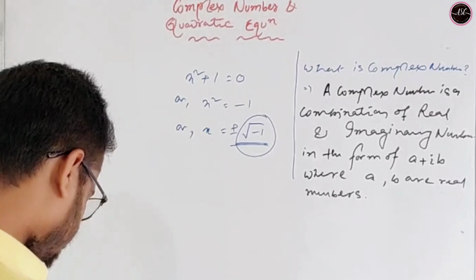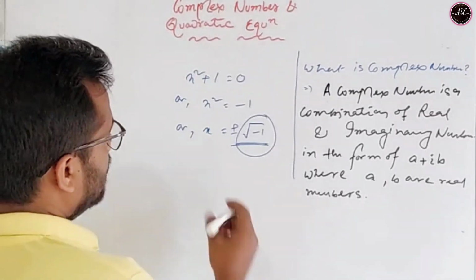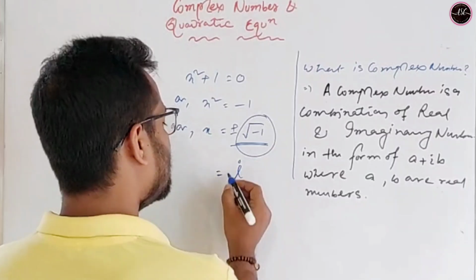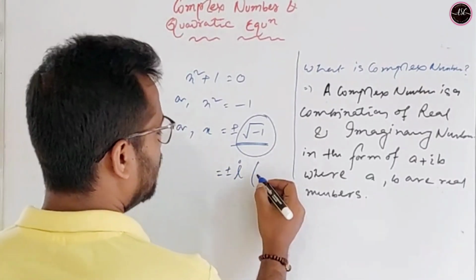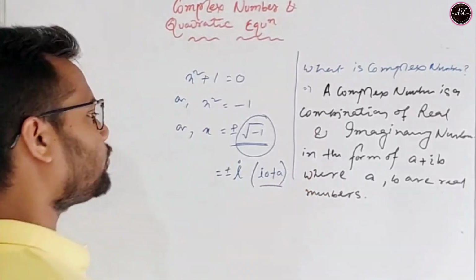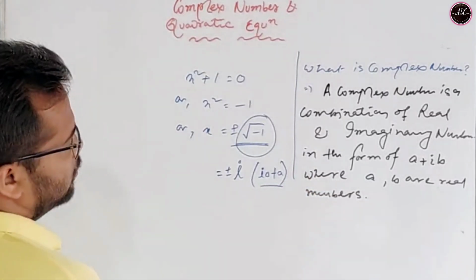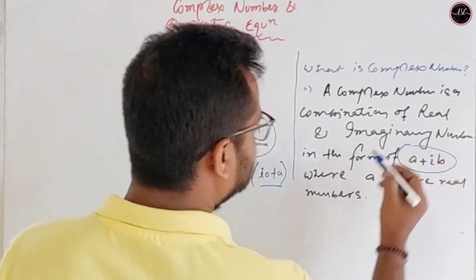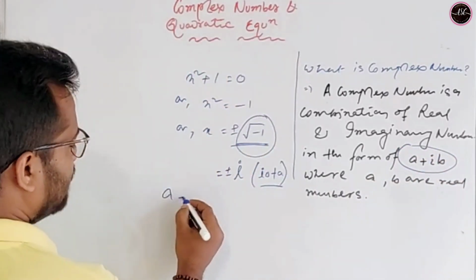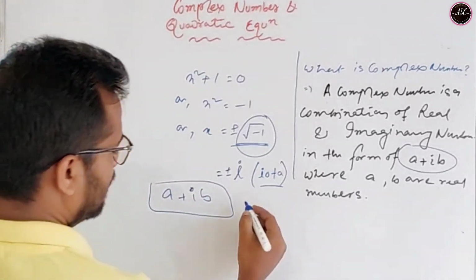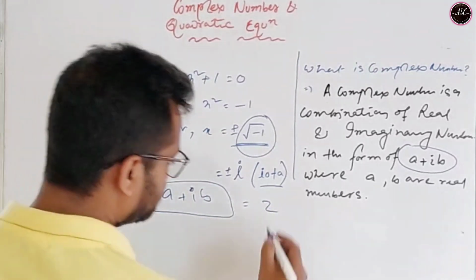Here, just look. Root of -1 can be written as i, or this is called iota. So let's find this form. Here, a plus ib is a complex number, and a complex number is denoted by z.